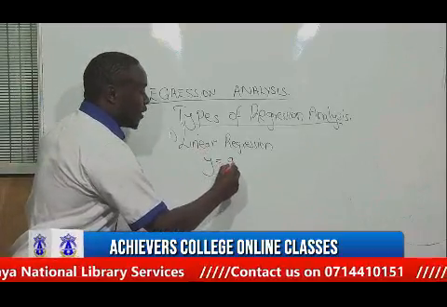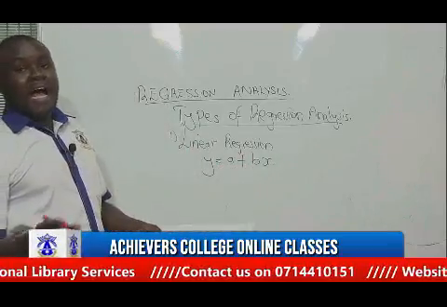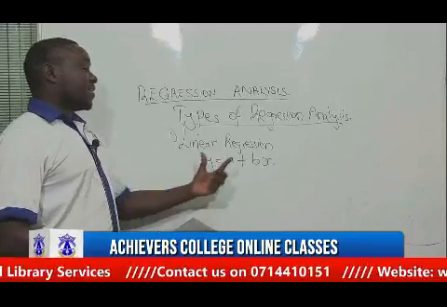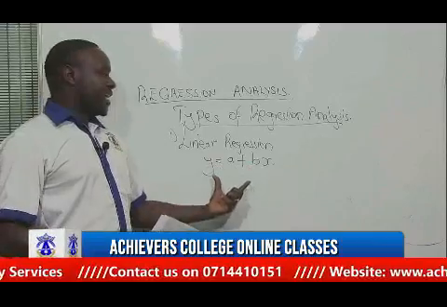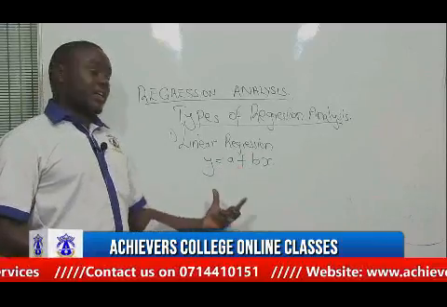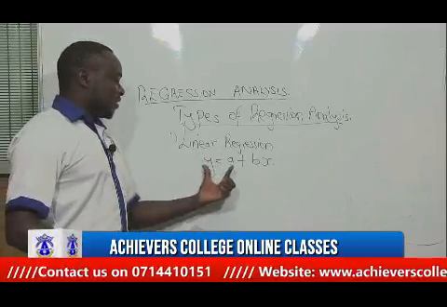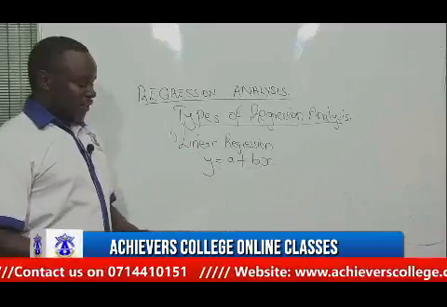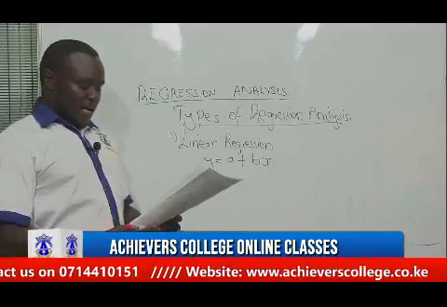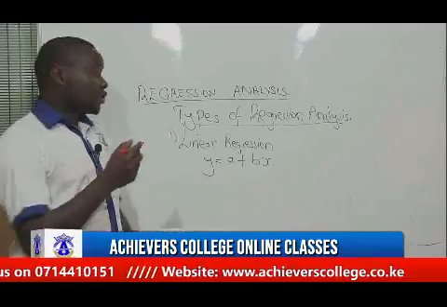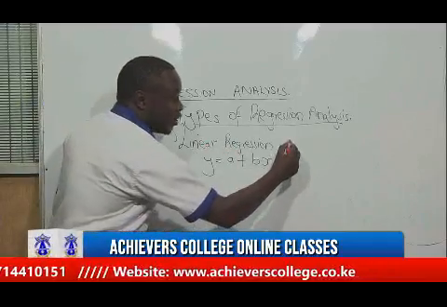A linear regression is in the form of y is equal to a plus b x. And I want to believe that up to where we are, this equation is not new to you. You can understand because we have looked at the terms and explained clearly what each of these denotes. The relationship in linear regression takes this form.